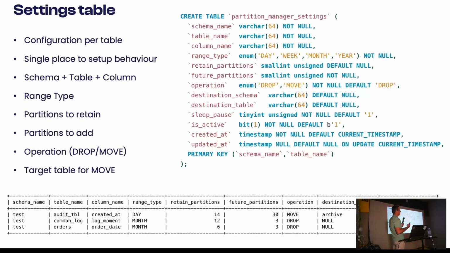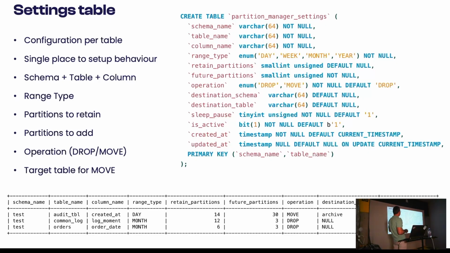If in your case you know that you will always work with monthly partitions only, you don't need to provide this range type, so you can omit it. So you know that all the partitions are monthly. If you have a fixed value agreed with the team that you will always create three future partitions, you don't need this column.